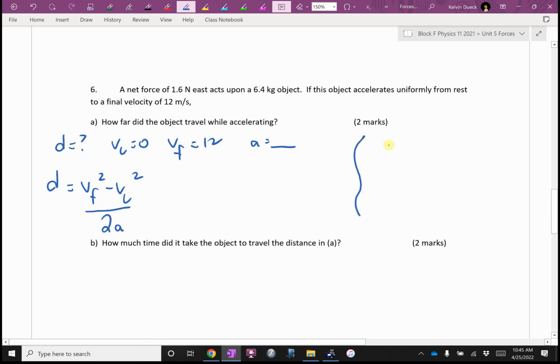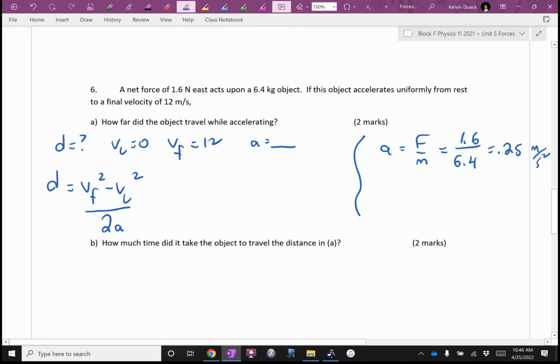So I walked over here and I said, I think I can use Scott's theorem because it says a net force. So the force is 1.6. The mass is 6.4. Did you get an acceleration of 0.25 meters per second squared?